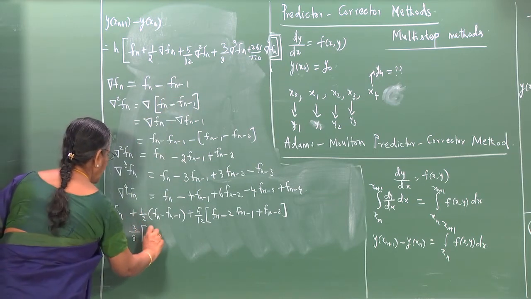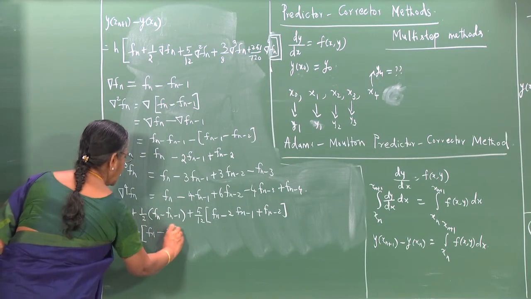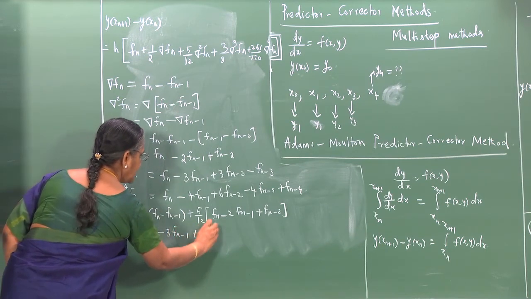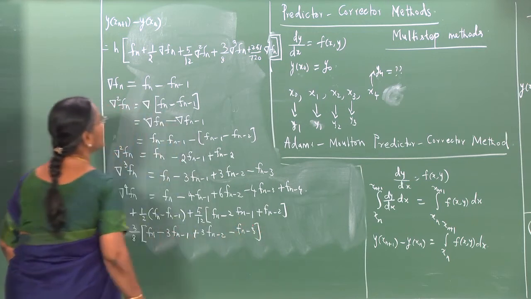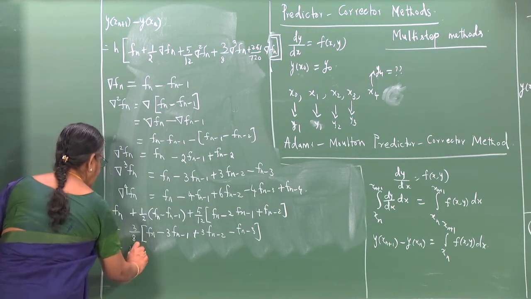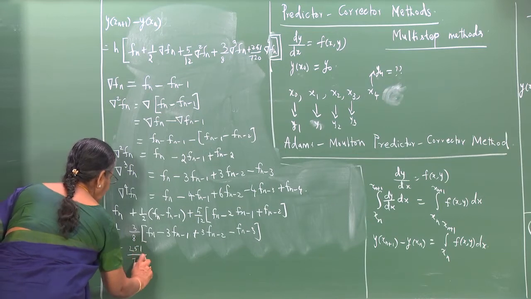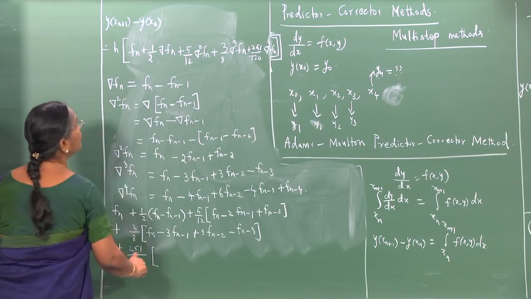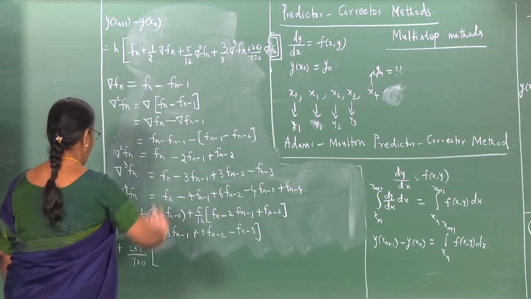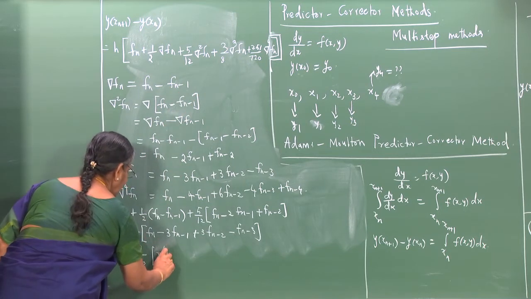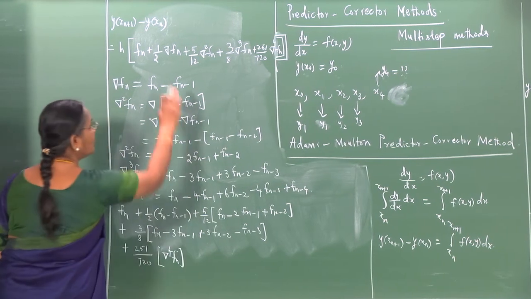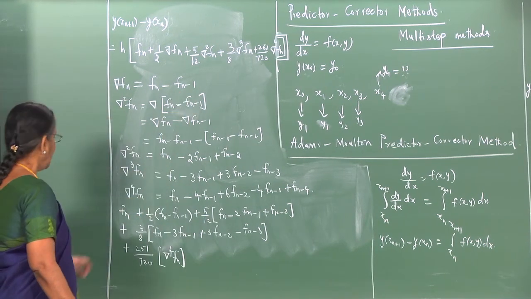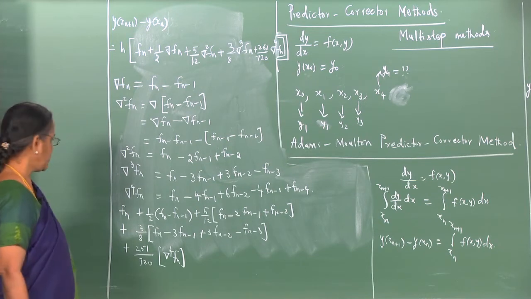So, that gives you Fn minus 3 Fn minus 1 plus 3 Fn minus 2 minus Fn minus 3. And finally, this term 251 by 720; we shall retain that term as it is, as del power 4 into Fn. I do not want to substitute that in terms of the function values.